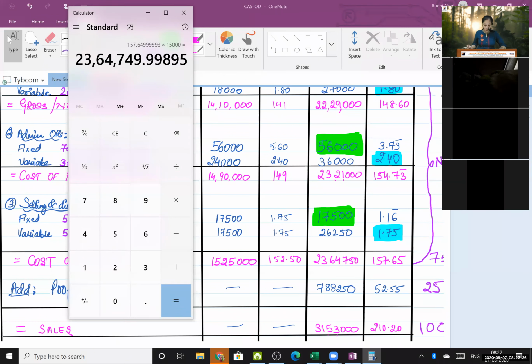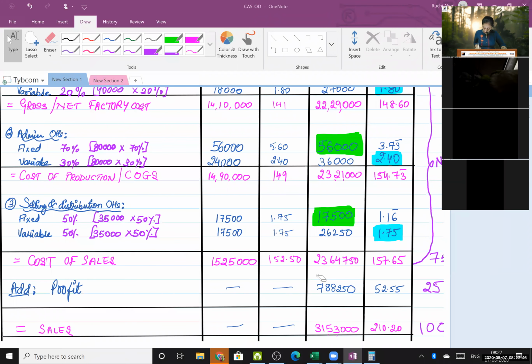Now see, now it is proper. 23 lakh 64,749.999, if you round off one rupee, then 750. Okay, clear?